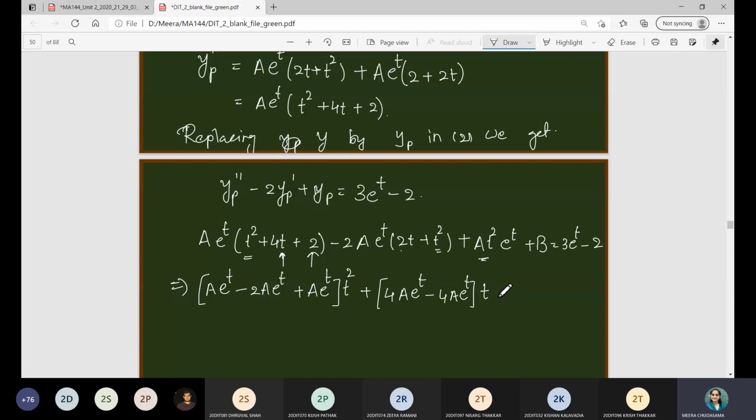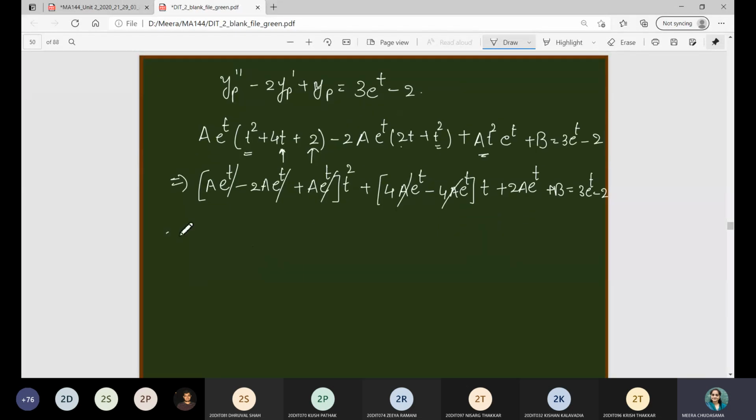T power 0, so it is 2a e raised to t plus b is equal to 3 e raised to t minus 2. So you can see that this will cancel out, and we have 2a is equal to 3 and b is equal to, directly we have the constant quantity, minus 2, and a is 3 by 2.